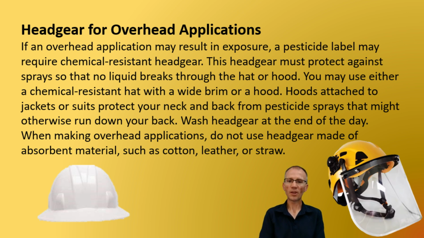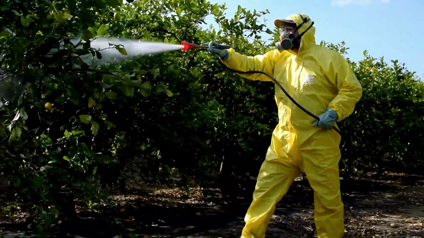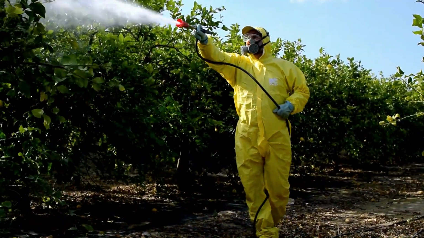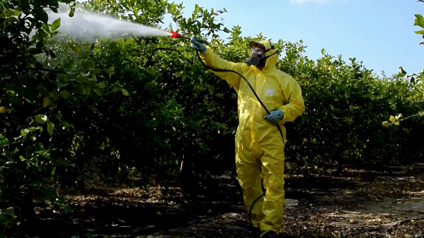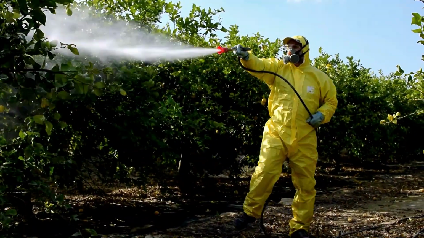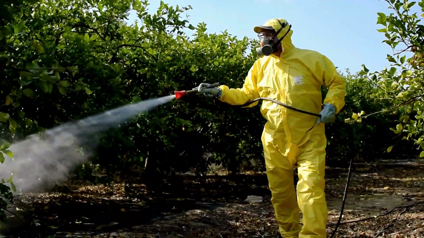Let's be honest with ourselves when we talk about headgear and overhead applications. Anytime you're treating over your head and you're spraying something up into the air, what goes up must come down, right? So you have to understand when you're spraying upwards, it's going to come down. Now, you might be shooting it at an angle, but what's the chance that the wind's going to blow some of it back too? We don't get many days when there's absolutely no wind.